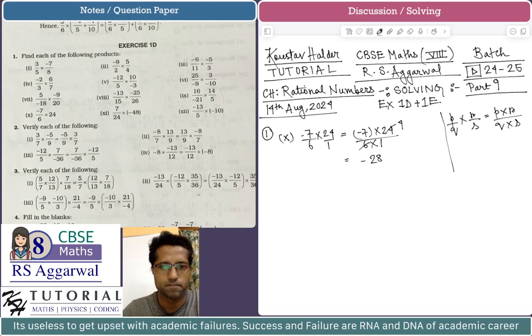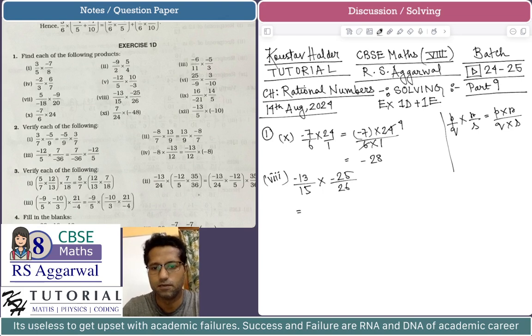Let's do another one. Let's say part 8. It is minus 13 by 15 multiplied by minus 25 by 26. So this is nothing but minus 13 multiplied by minus 25 divided by 15 multiplied by 26.